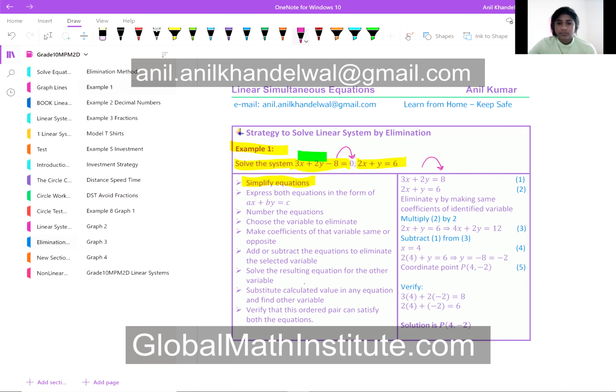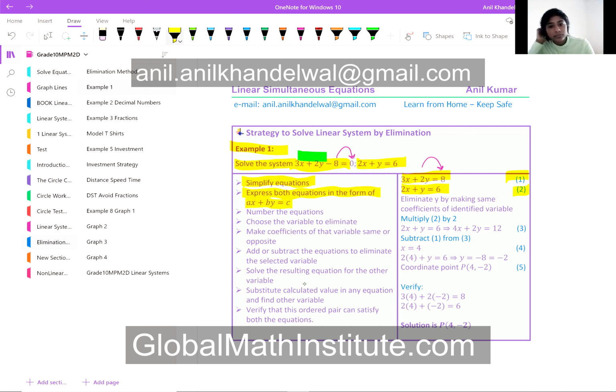Numbering the equation is another key thing, as we did earlier also. So that now becomes our equation number one. And the second equation as such I have written, but numbered this as equation number two. Now, the simplification I'm talking about is to express both equations in the form ax plus by equals c.